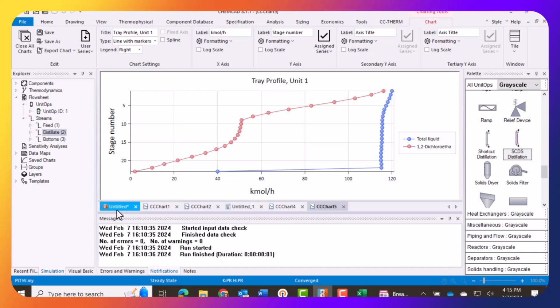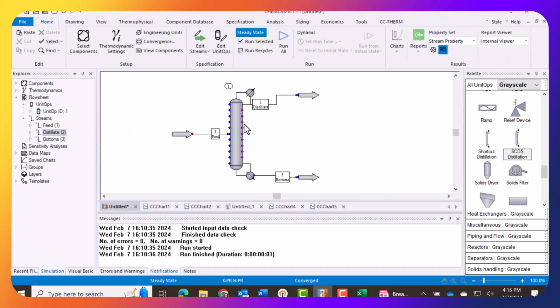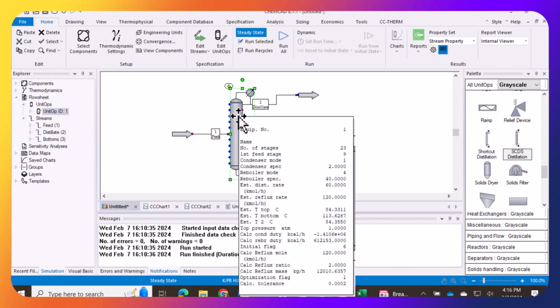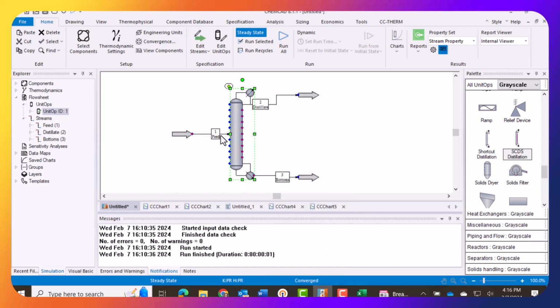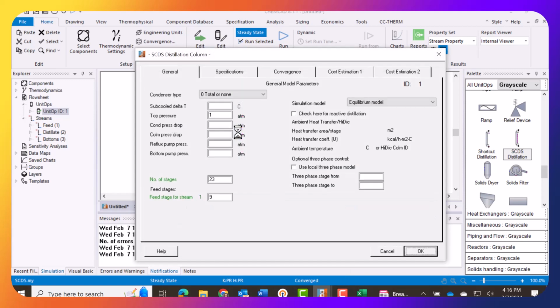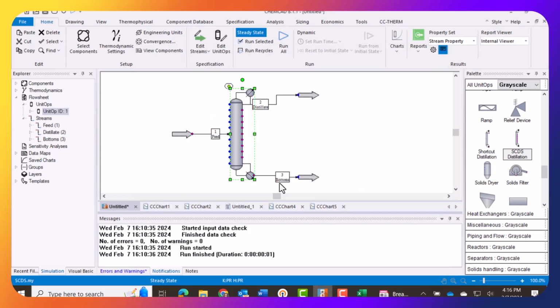That is not something that we were able to specify directly in our equipment there, but we can look at this and we can try things like, what happens if I feed at stage 10 instead of stage 1, and run this.